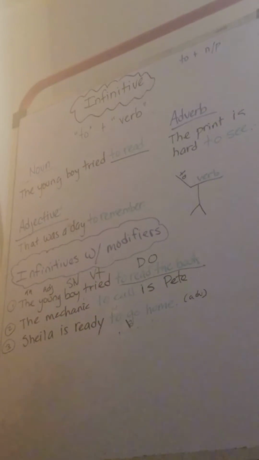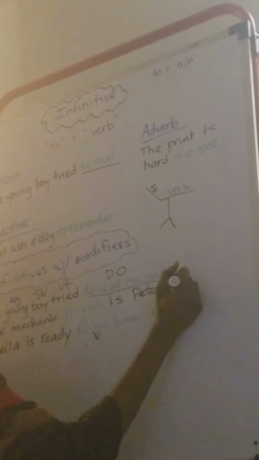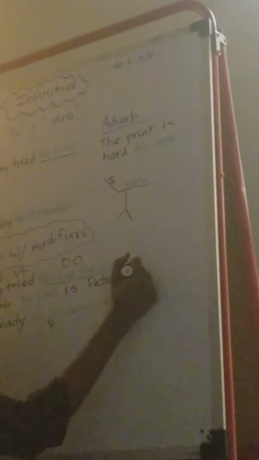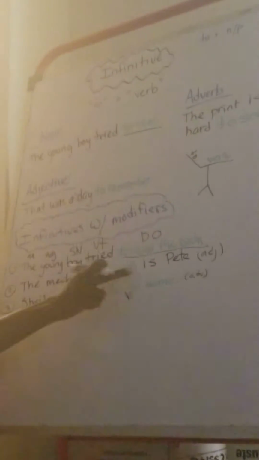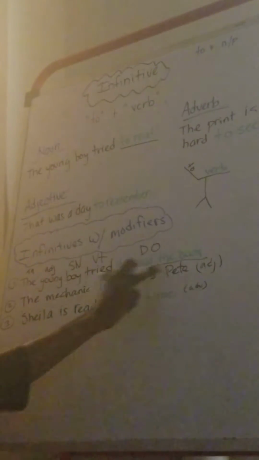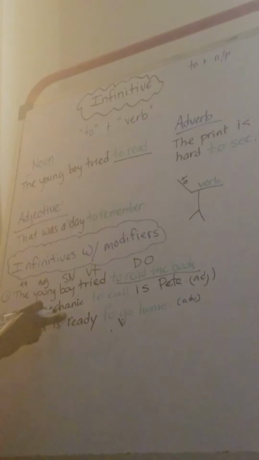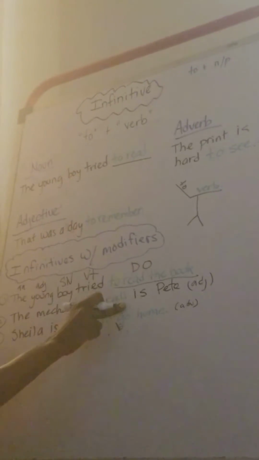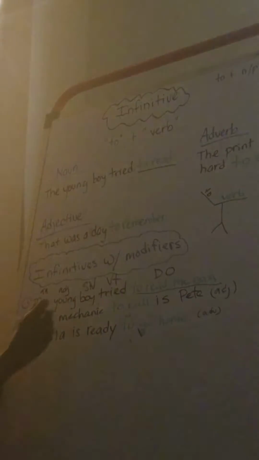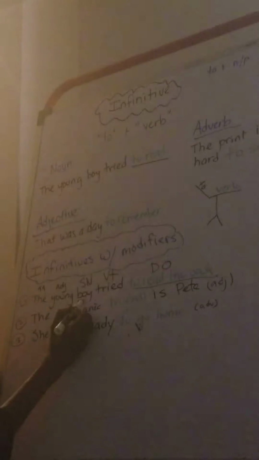So the next one, this is playing an adjective in this sentence. The mechanic to call is Pete. To call answers the question, which mechanic? To call. The mechanic to call. So if we were going to question confirm this, who or what is mechanic, subject noun.